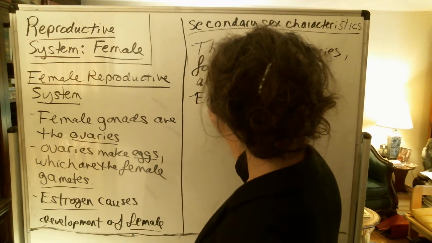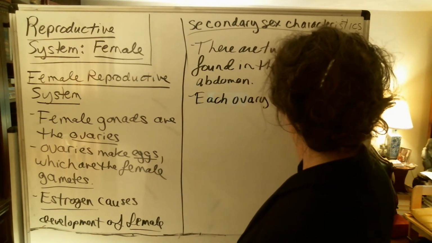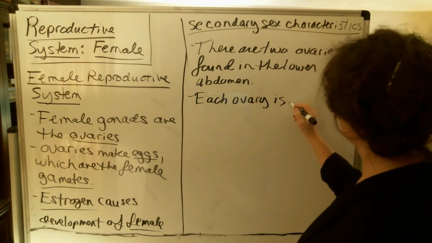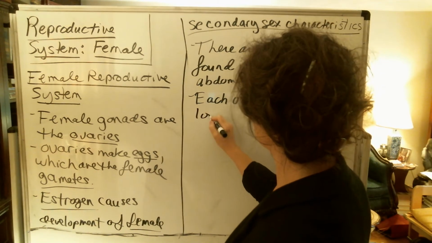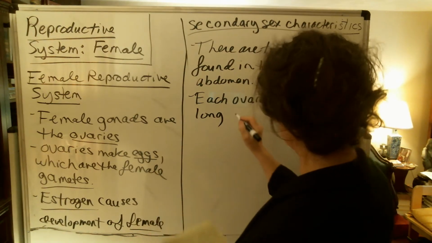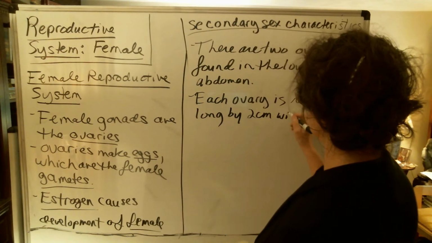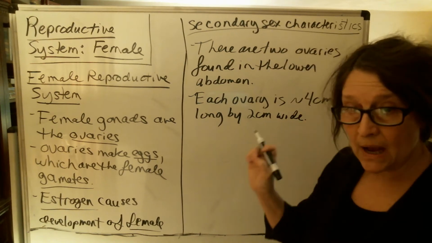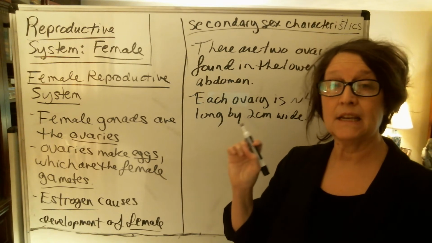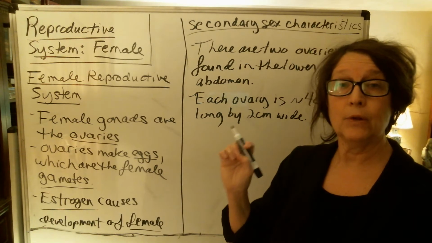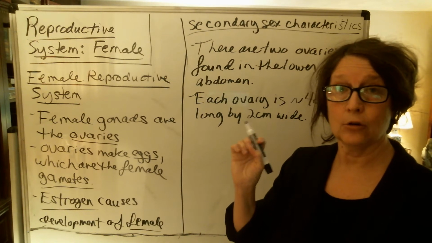And each ovary is approximately 4 centimeters long by 2 centimeters wide. But this varies from individual to individual, and it can also vary with the time of the month. It can vary with where a woman is in her menstrual cycle.